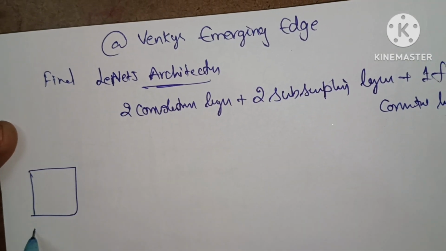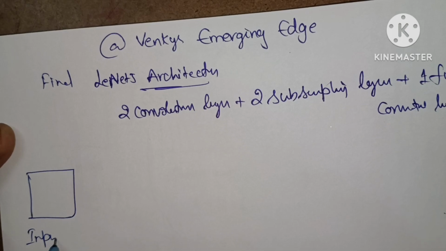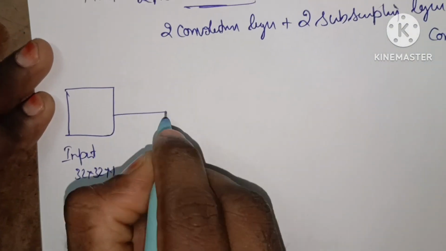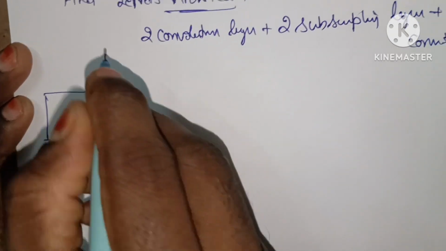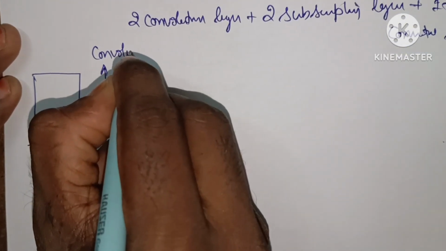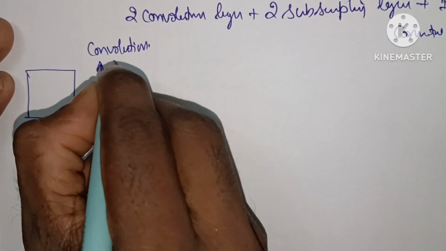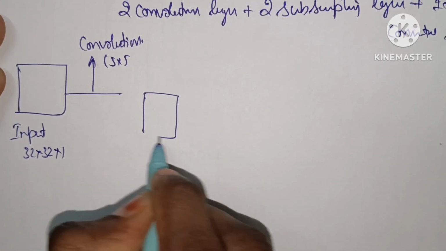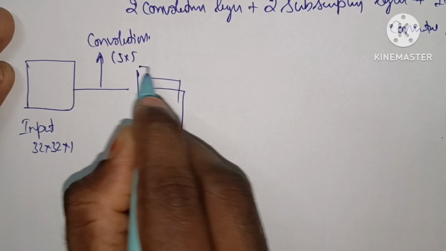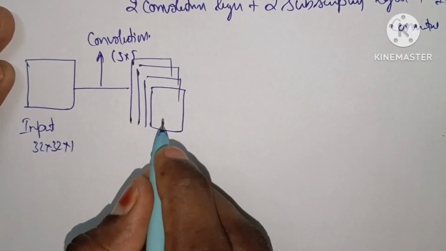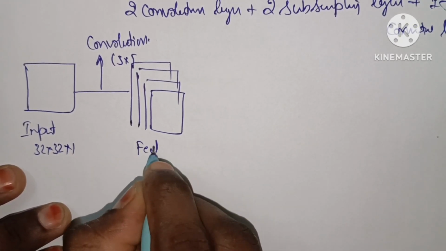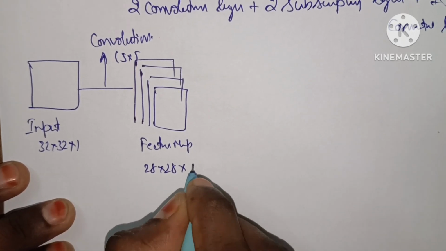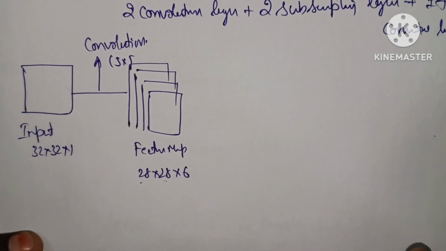So the input size is 32 into 32 into 1. After that we perform the convolution operation with a 5 by 5 filter, then get a feature map. The feature map size is 28 into 28 into 6. We know how to get 28.